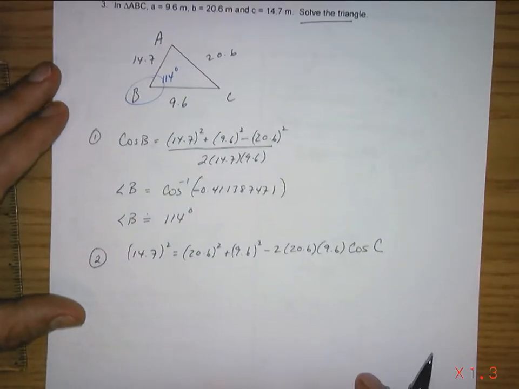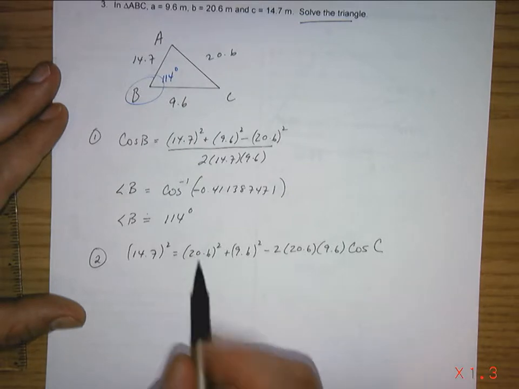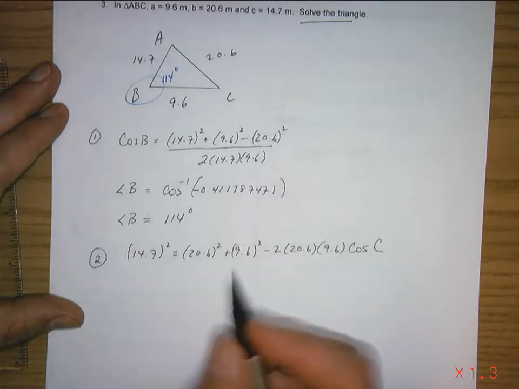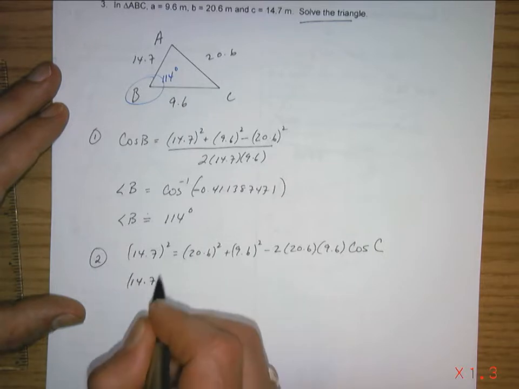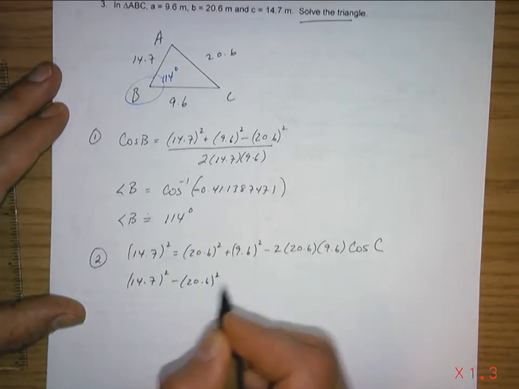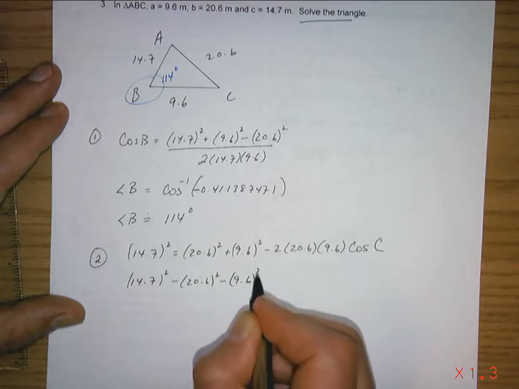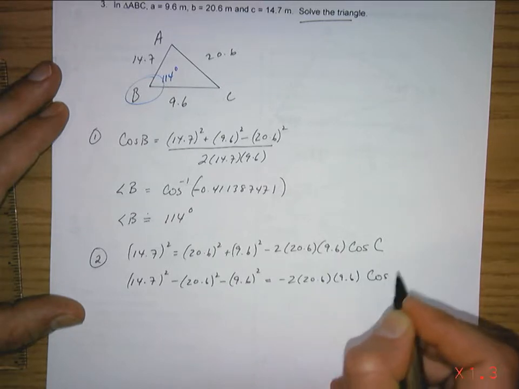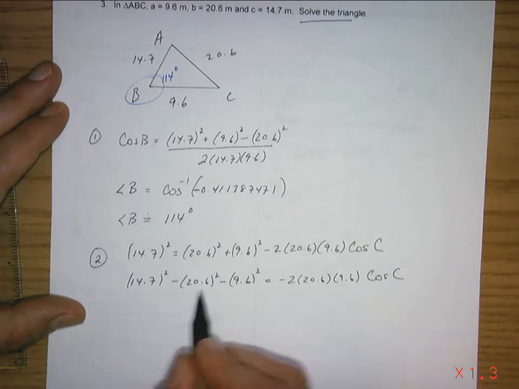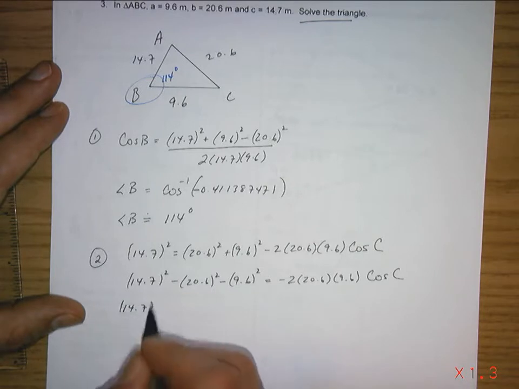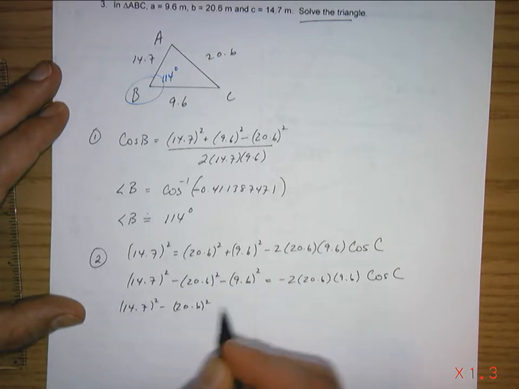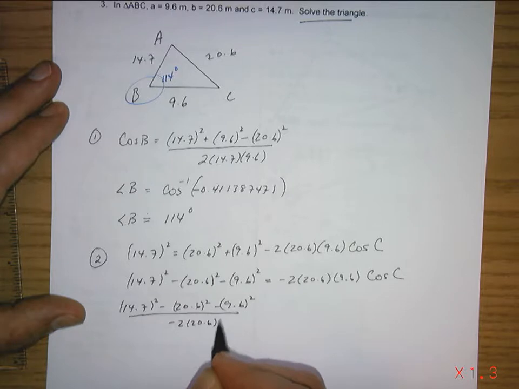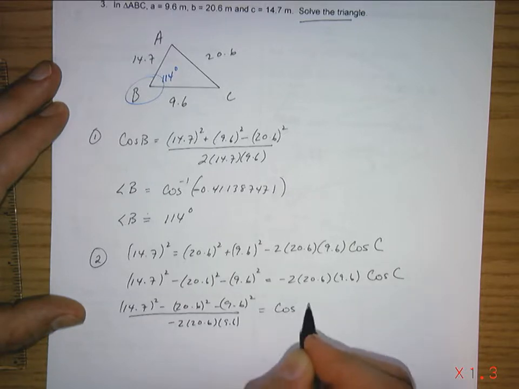Well, what you need to do now is isolate for cos C. If you pay a little bit of time and attention, you'll know that if I move this over, and if I move this over, and then divide both sides by this, I've now isolated for cos C.